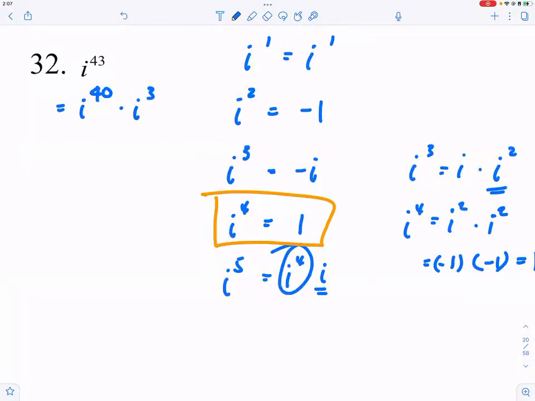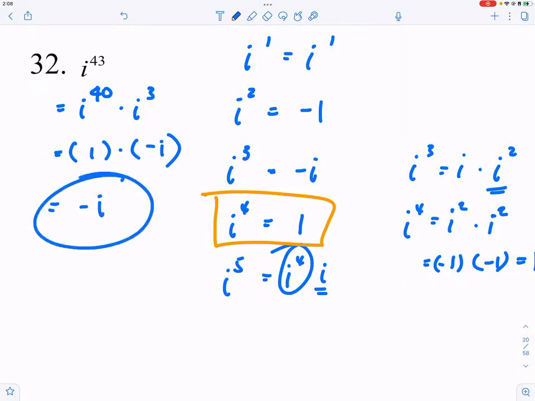And the reason why we break this down is because i to the 40th power is simply 1, okay? i to any multiple of 4 is equal to 1. And i cubed is negative i. So you have negative i as your answer.